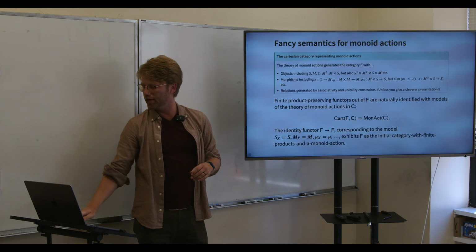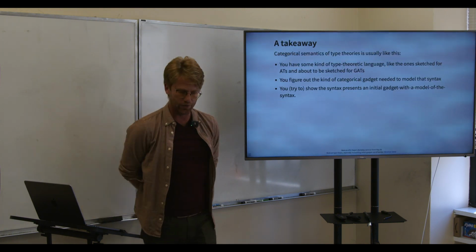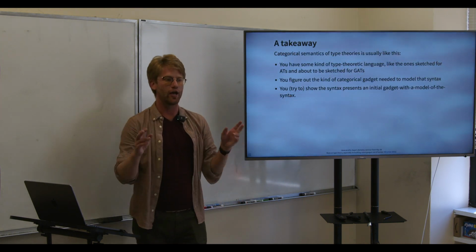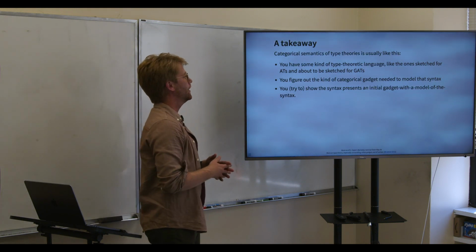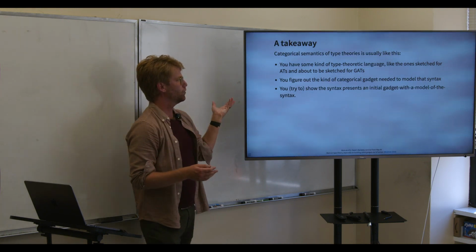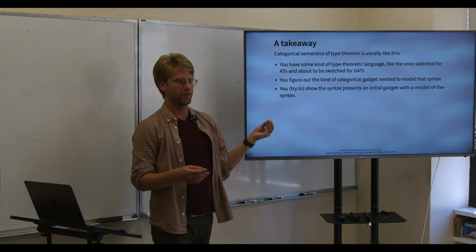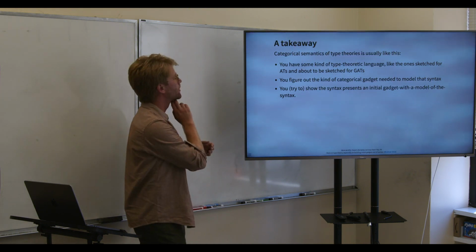Okay, so what did we just do there? We've got some kind of a type theory. I was working on the type theory of algebraic theories just now, where you can have types and terms.